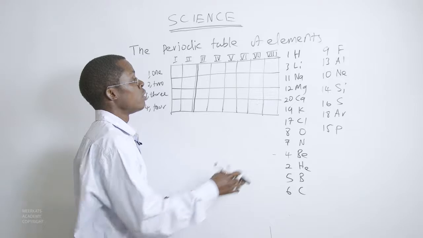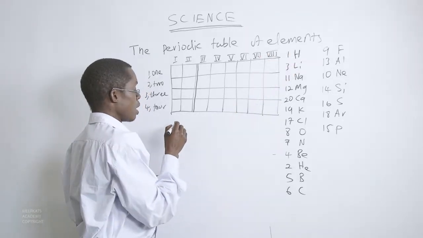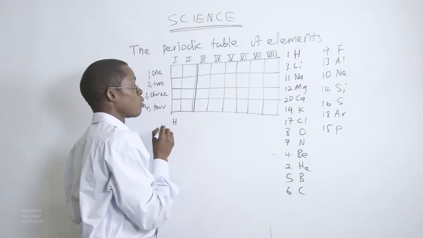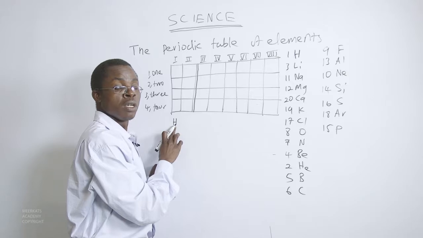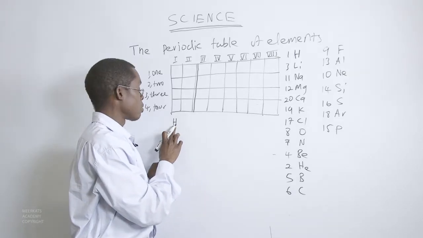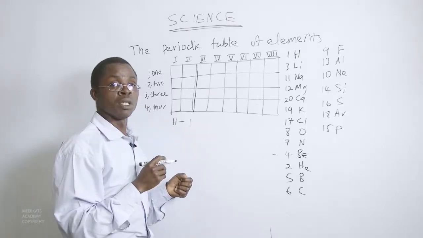So let's start with the 1, and that is hydrogen. Hydrogen is atomic number 1, meaning that it only has 1 proton, implying that only 1 electron, and being 1 electron, then our electronic configuration will just be 1.